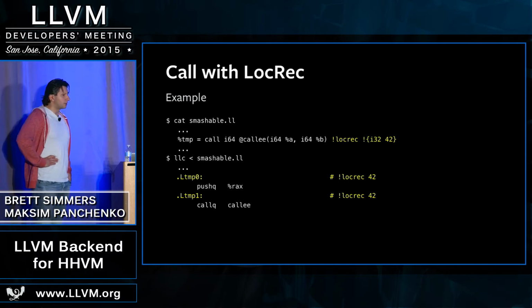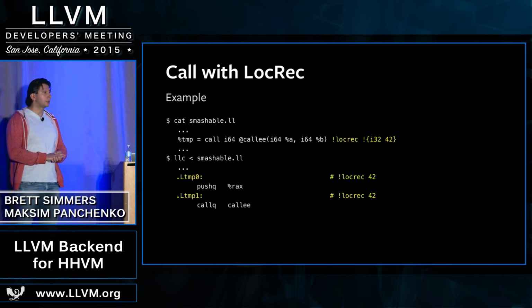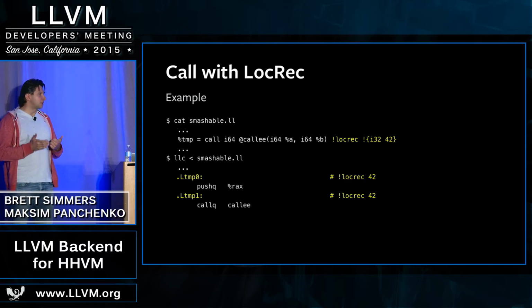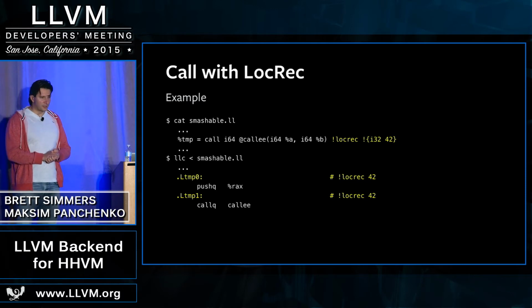It was also interesting because what you see in LLVM IR is not what you get at the assembly. I think we ran into this several times. First time we noticed that we marked the call and we couldn't find the metadata.